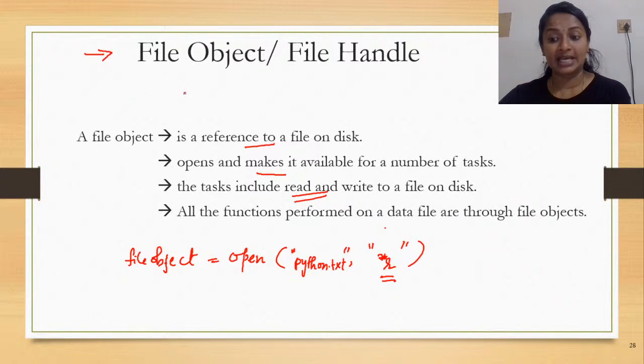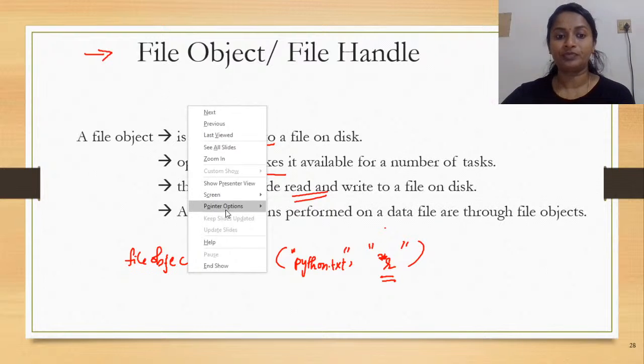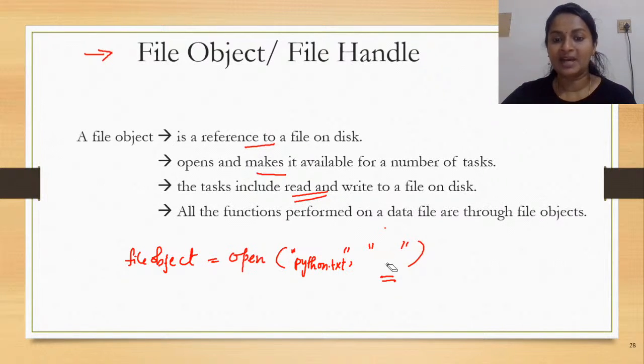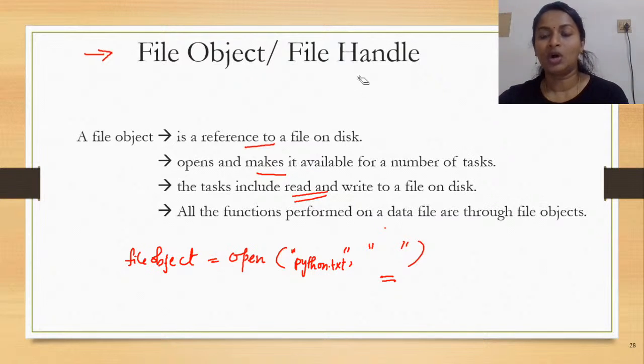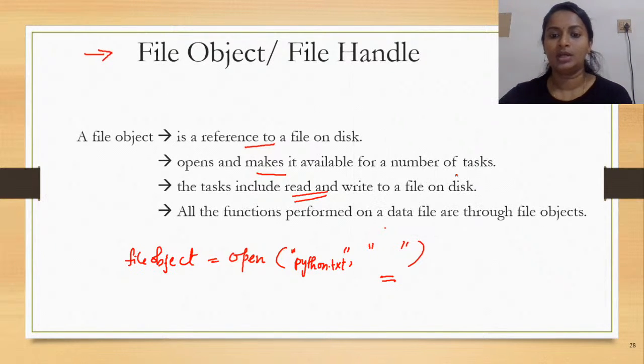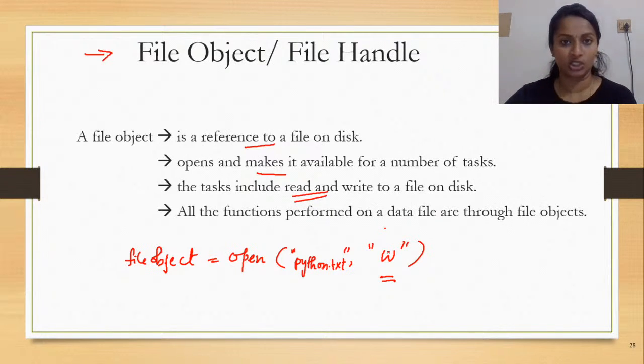Okay, so this is the case when you're trying to open the file in the read mode. Okay, now imagine that you are trying to open a file in the write mode. When you are trying to open a file in the write mode, there can be two conditions.